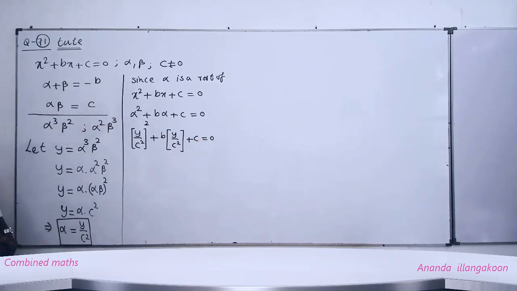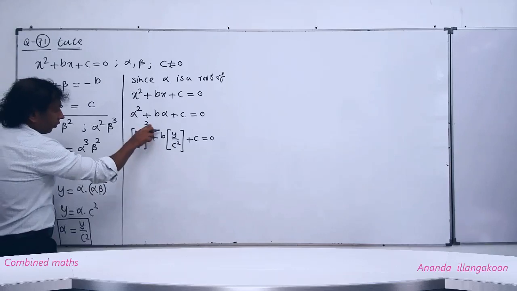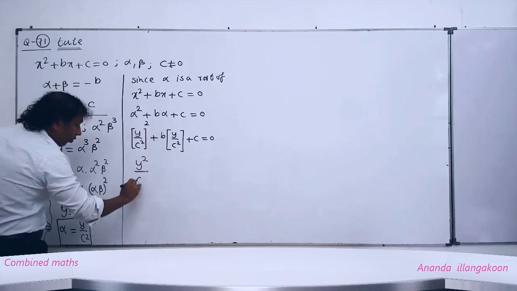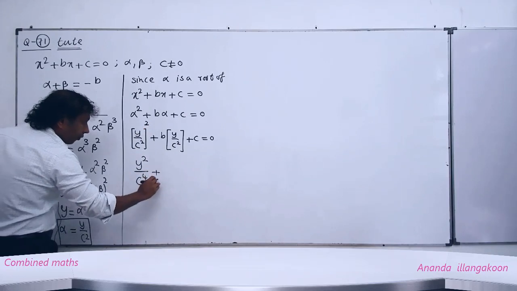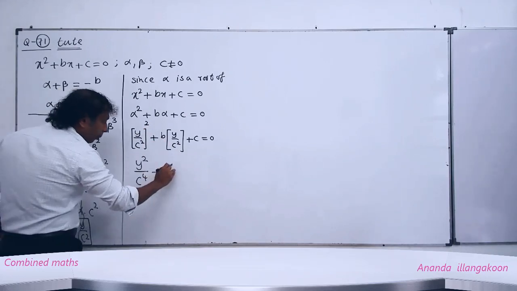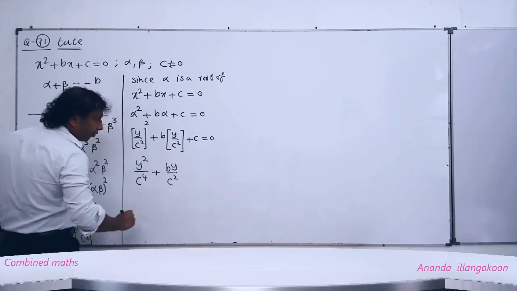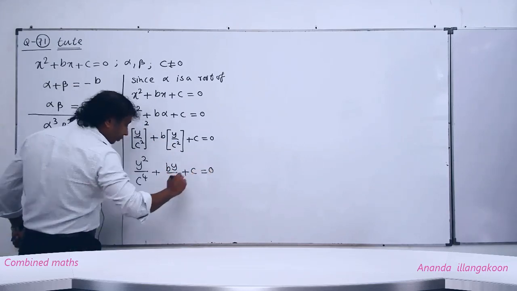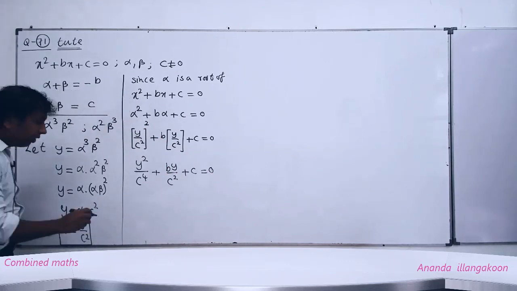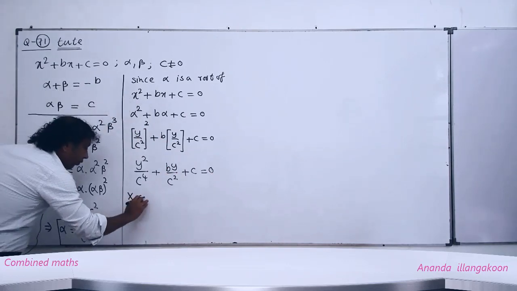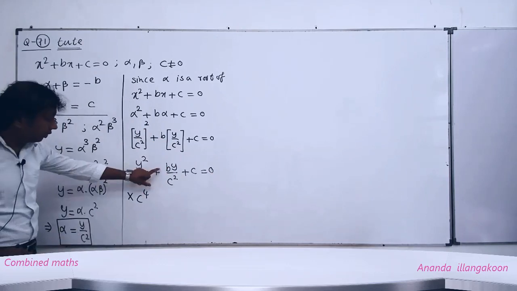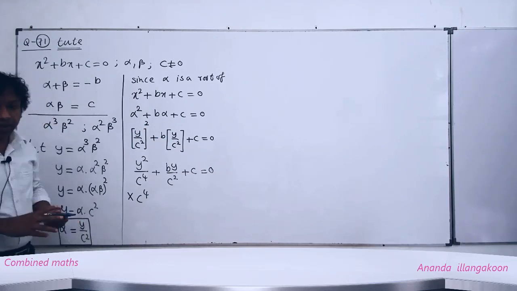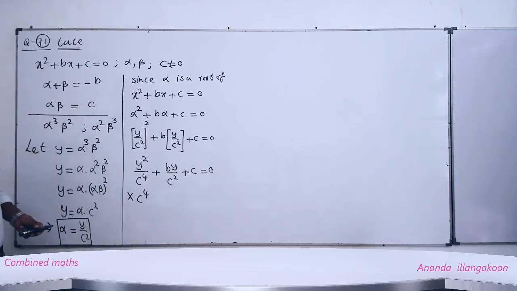Right. I will simplify this, people. We get y squared here. C squared squared means c to the power 4. And here, what do you get? By divided by c squared plus c equals 0. Now we'll multiply this by, people, c to the power 4. This term, this term, this term on the left hand side, and right hand side 0. We multiply by c to the power 4. Then what do you get there?